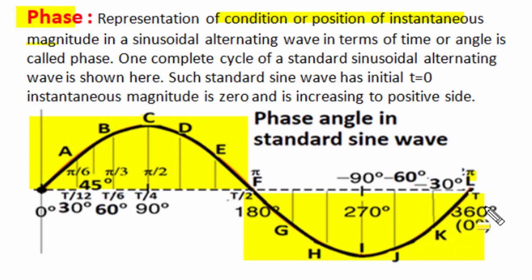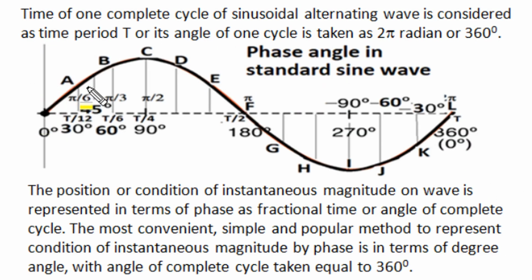The entire cycle time duration is taken as time period capital T, and the angular argument of the entire cycle is taken as either 2 pi radian or 360 degree. The position or condition of instantaneous magnitude on this waveform is represented in terms of time and angle, and that is called phase of instantaneous magnitude, and phase is represented as a fractional part of the entire time period or a fractional part of the angular argument of the entire cycle, 2 pi radian or 360 degree.